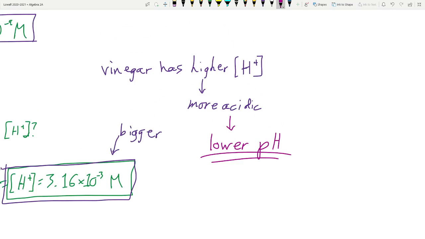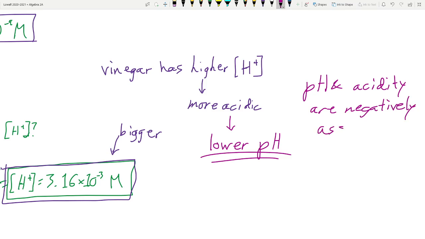So pH and acidity are negatively associated, or inversely associated, meaning as one goes up, the other one goes down. So a low pH actually means more acidic. Okay.